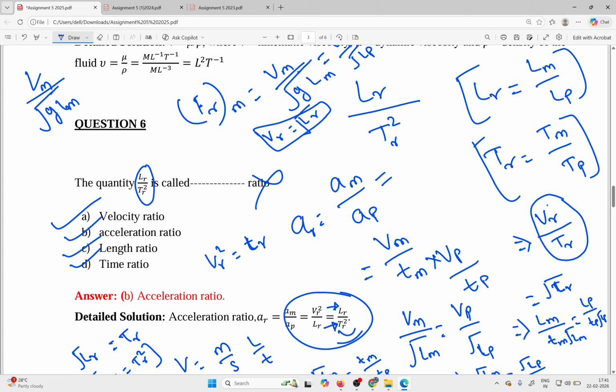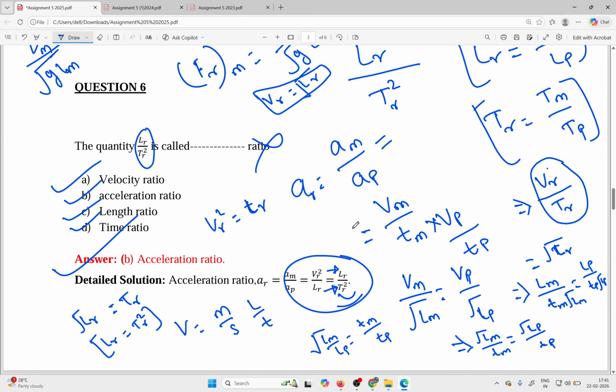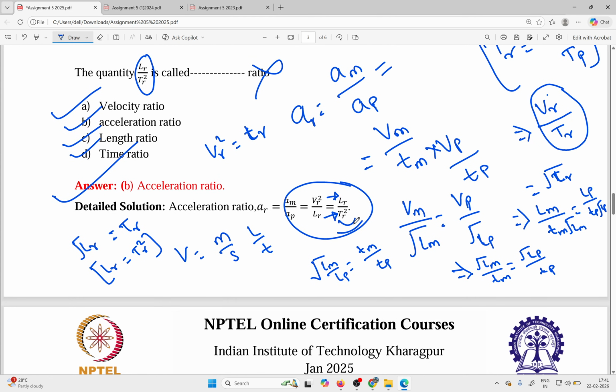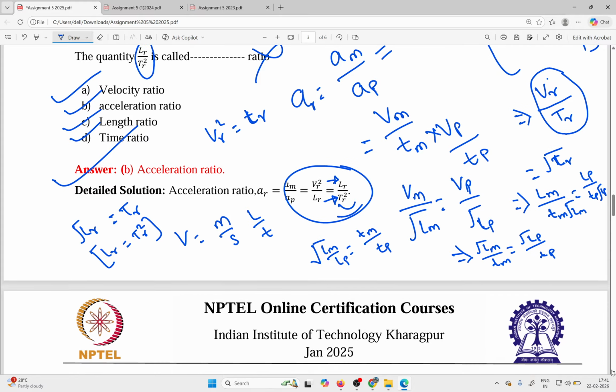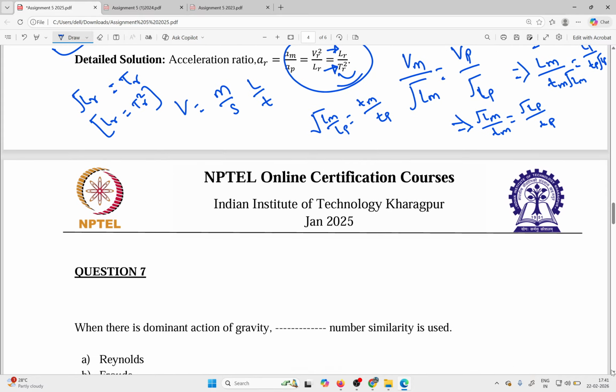So like that you can explain very clearly. Okay, so here option B is correct. This is your acceleration ratio. So hope you understand how we play with the unit things in dimensional analysis. This is very important, remember please. Okay, now let us move to the next one.